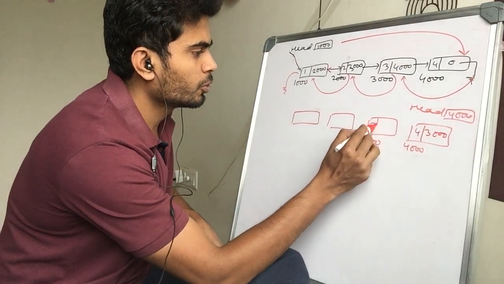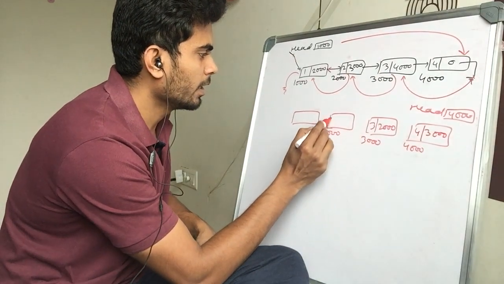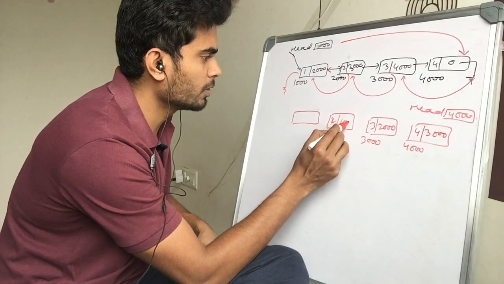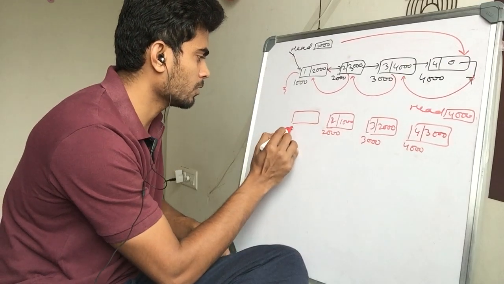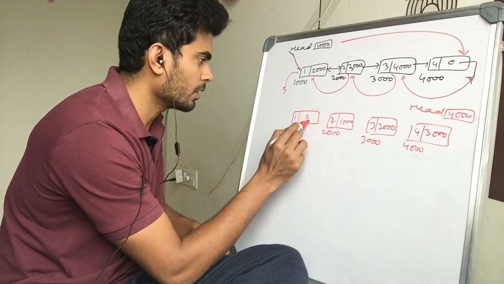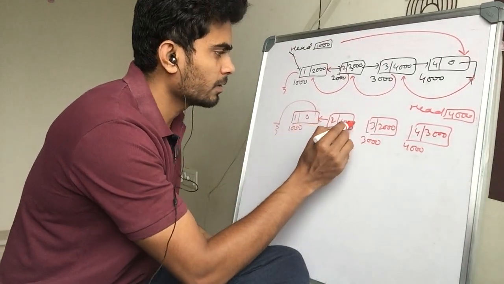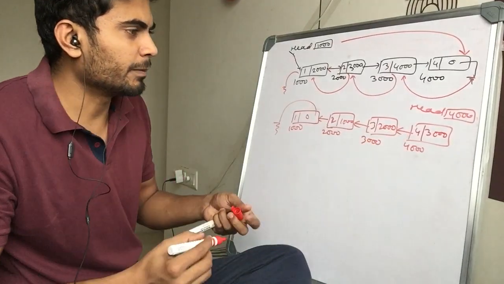Similarly, this node should point to the previous node's base address, that is 2000, and similarly this node should point to the base address of the previous node, that is 1000, and this is 1, and this should point to 0. This is null. Basically, link means these pointers.